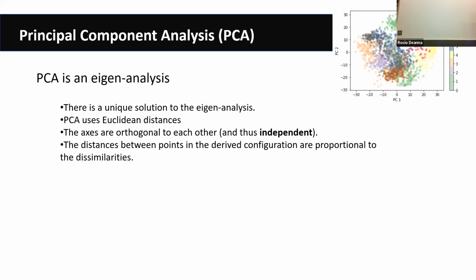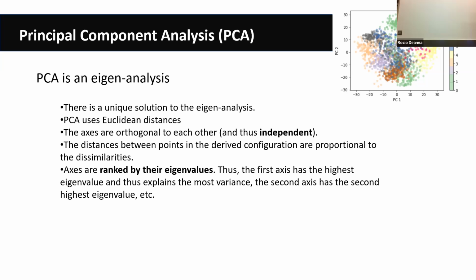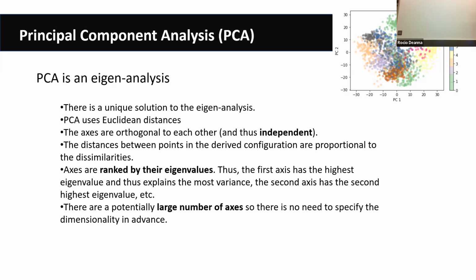The distances between the points in this derived two-dimensional configuration are proportional to the dissimilarities. And the axes are ranked by the eigenvalues, meaning that the first axis is the one that explains most of the variance of the data. The second axis is the one that explains the second highest variance of the data as well.